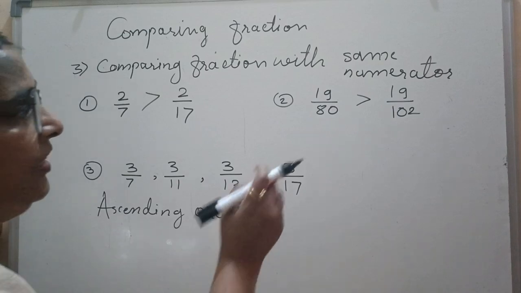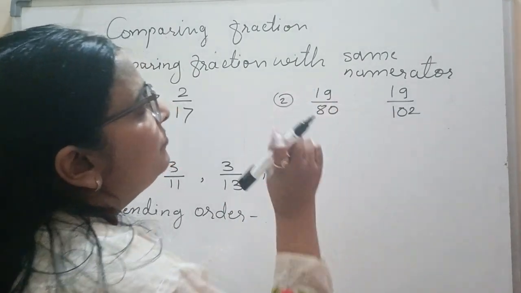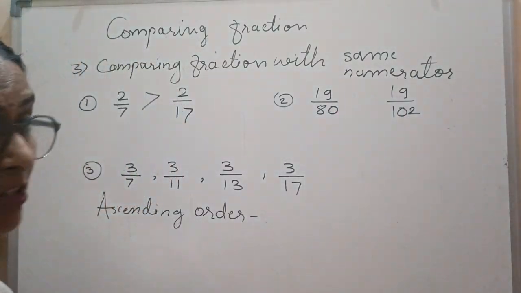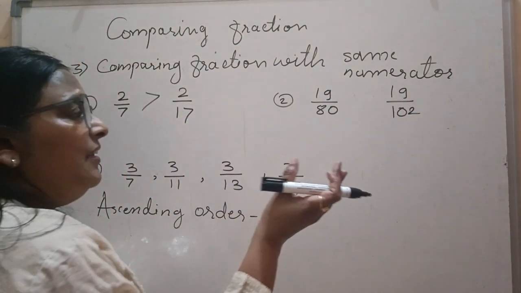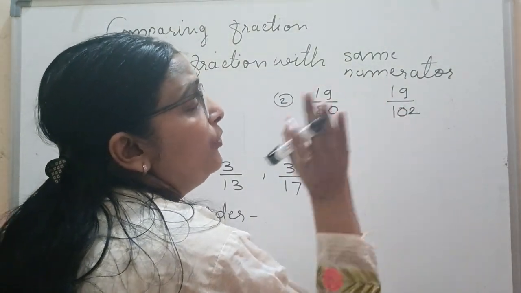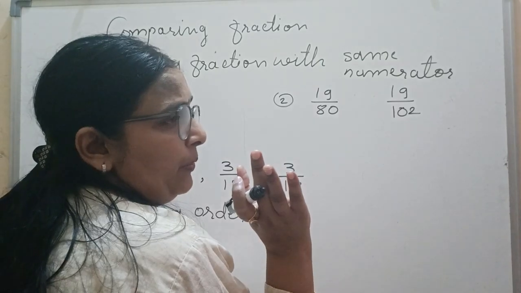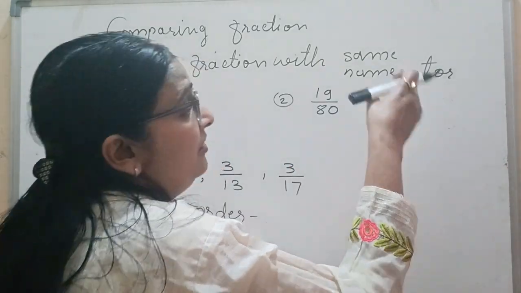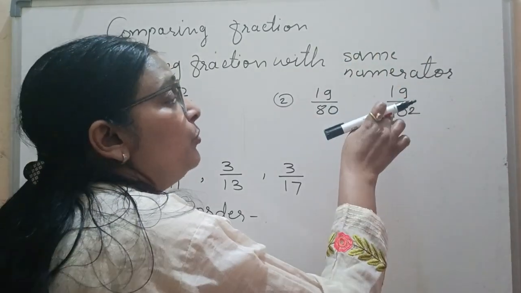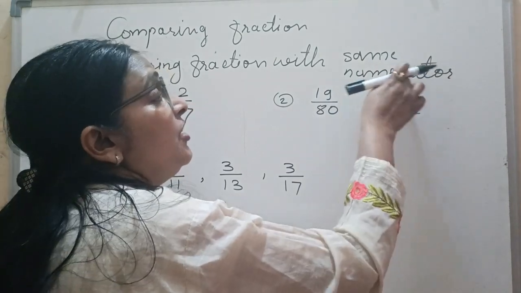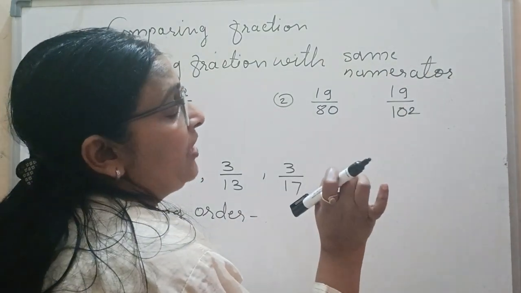Okay. Similarly, see in this example, 19 by 80 and 19 by 102. In this example, which denominator is greater? 102 is greater. Got it? So the fraction with the greater denominator is the smaller fraction. So with denominator 102, this fraction will be the smaller fraction.